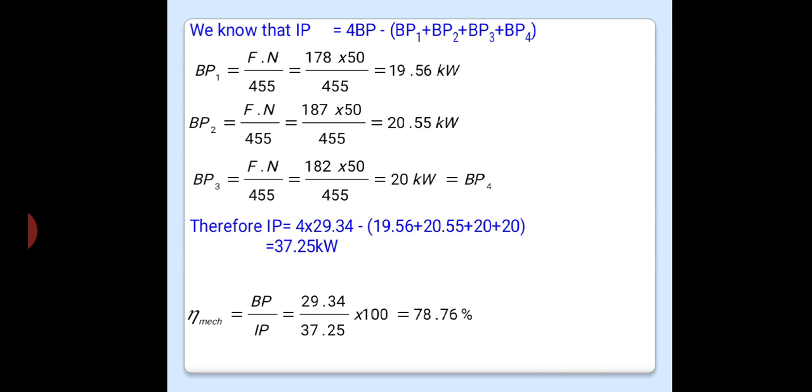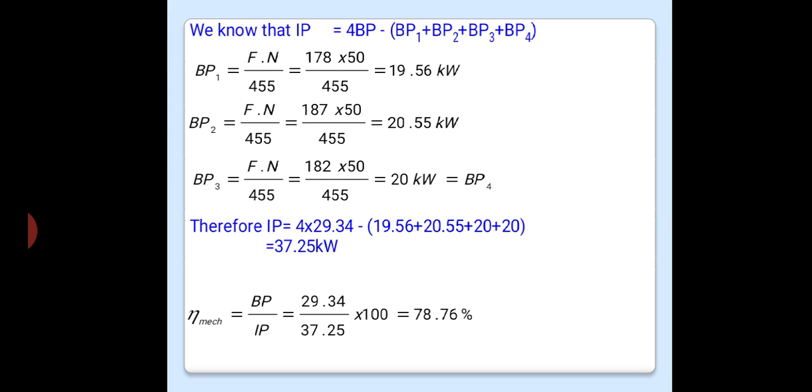BP2, with F 187, is 20.55 kilowatt. BP3, with F 182, is 20 kilowatt. For BP4, F is 182 Newton, so BP3 is equal to BP4. Now we have all the brake powers for the respective cylinder cutoffs.